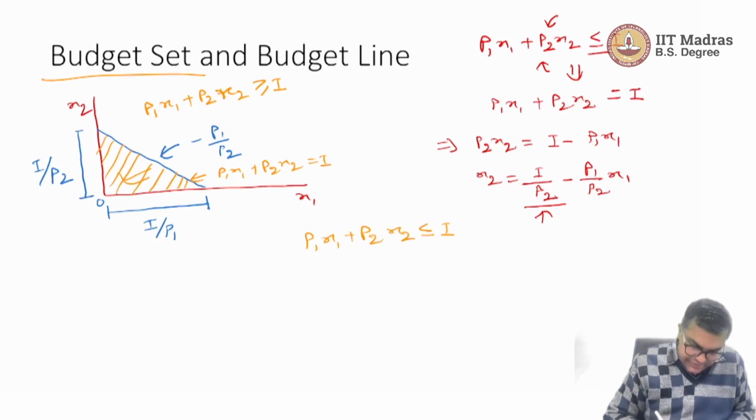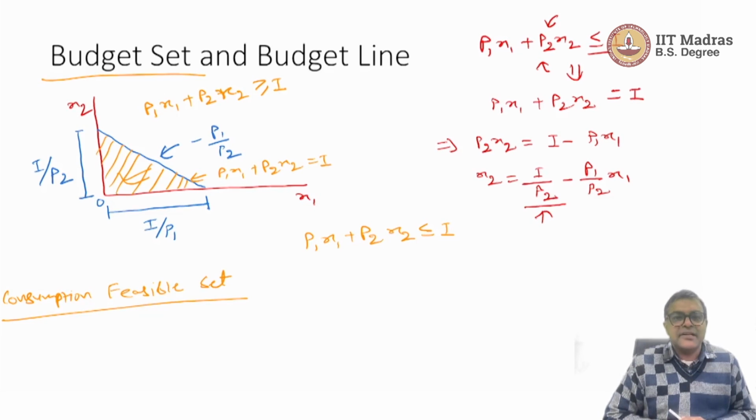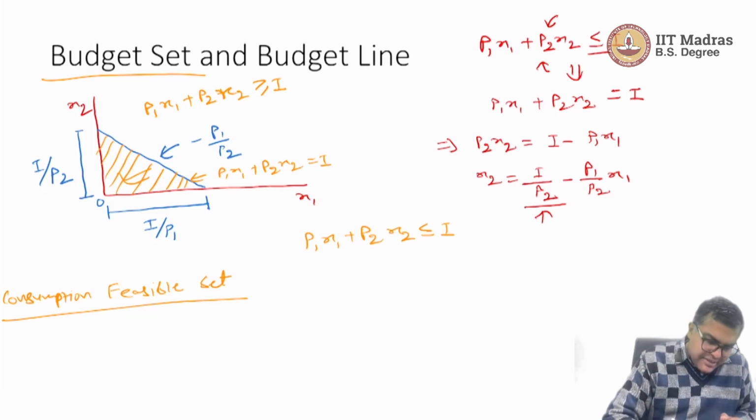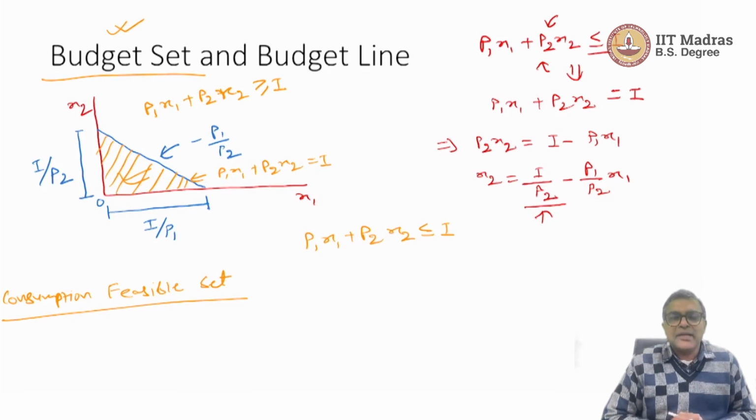We also call it the feasible set or consumption feasible set. The consumption feasible set includes all different kinds of constraints, legal, financial, geographical and many more. When we say the budget set, we mean we are talking about the financial constraint.